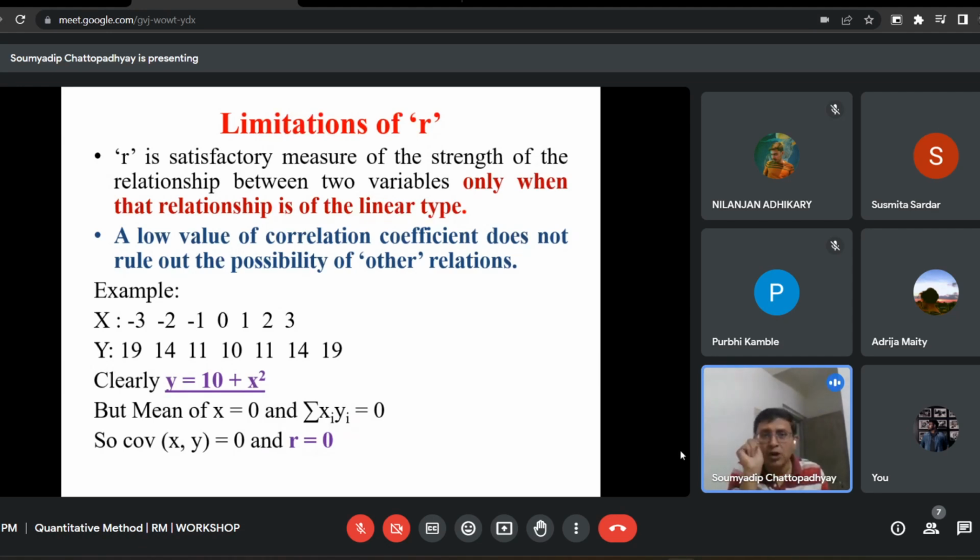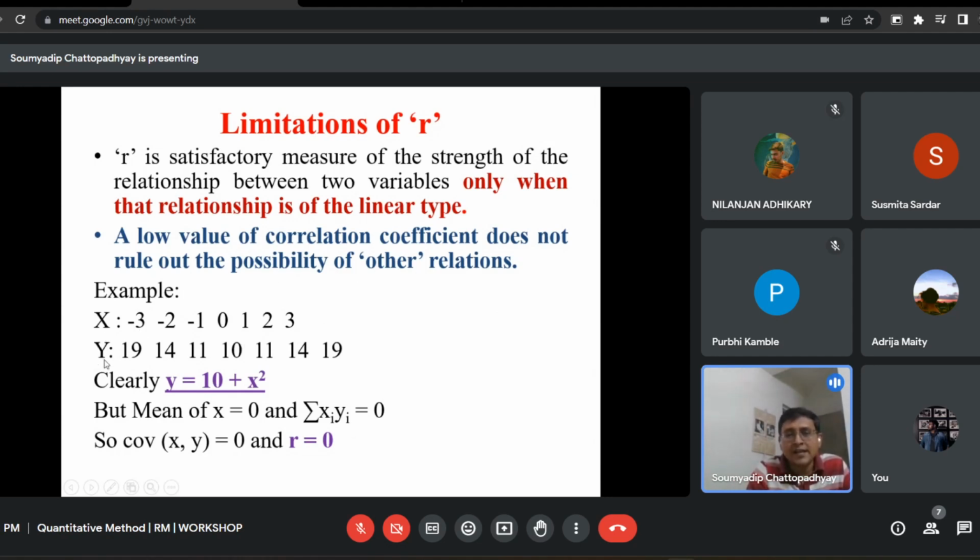That should not be the case, because it can be shown, which is very clear from this particular example, that R is a satisfactory measure of the strength of the relationship between the two variables only when the relationship is of linear type.